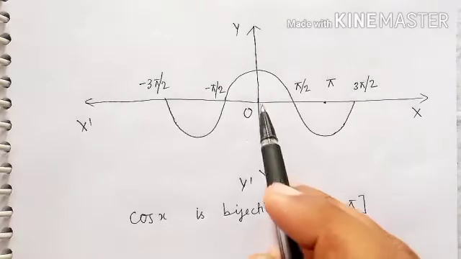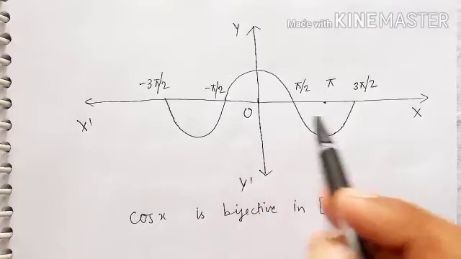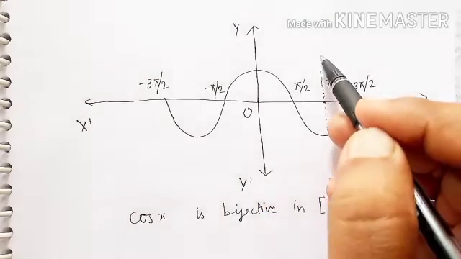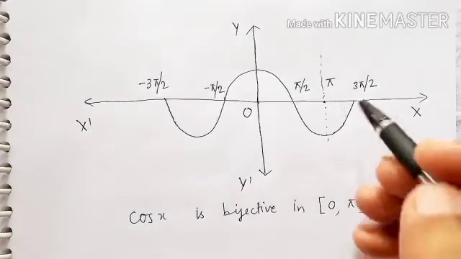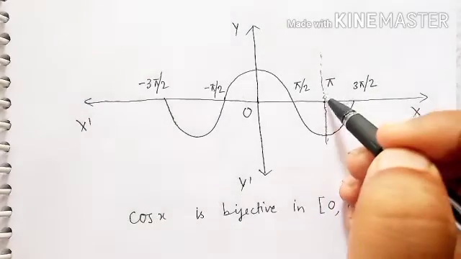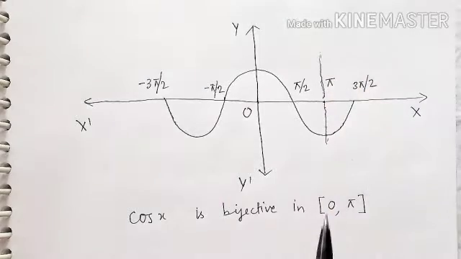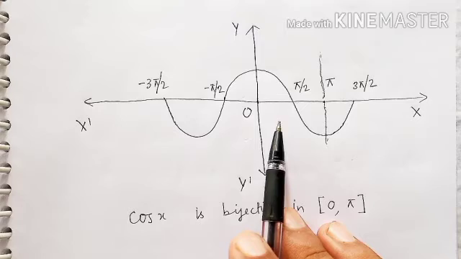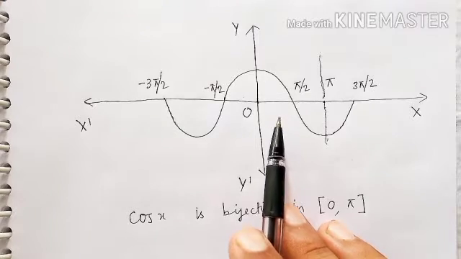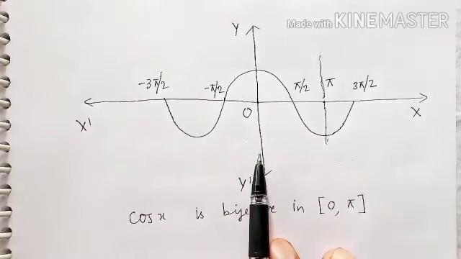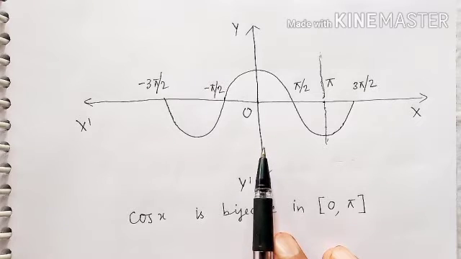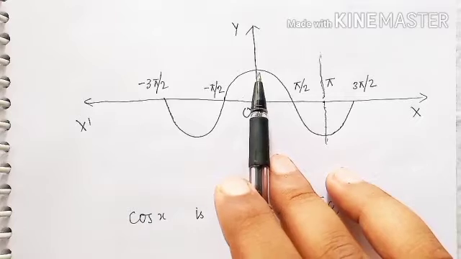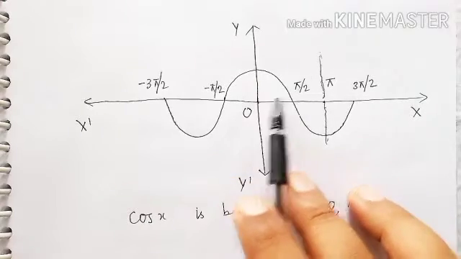Yes, because between these intervals, this is our pi, we can see it is one-one. An element of y has only one preimage.